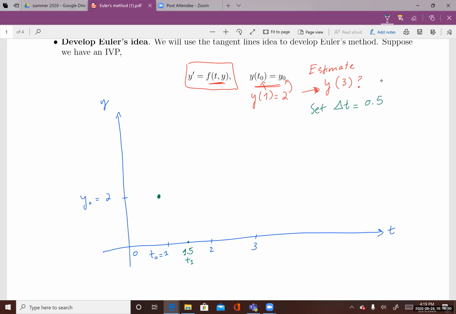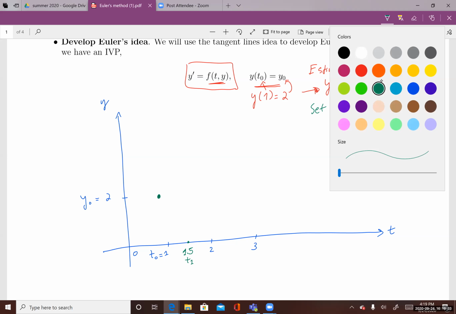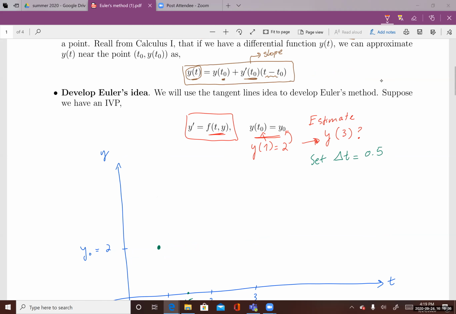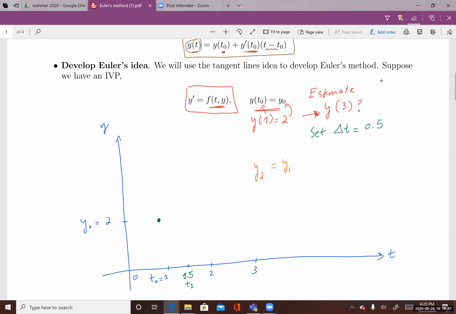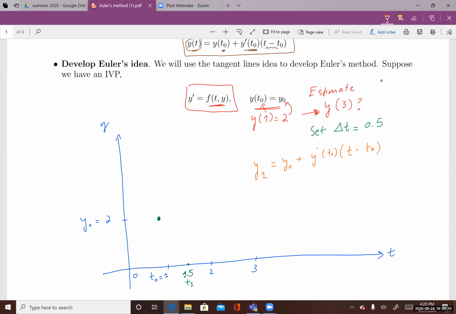So y1, which is the point that I'm trying to step up from y0, equals to y0 plus y prime at t0 times t minus t0. I'm just using the tangent line approximation formula here.